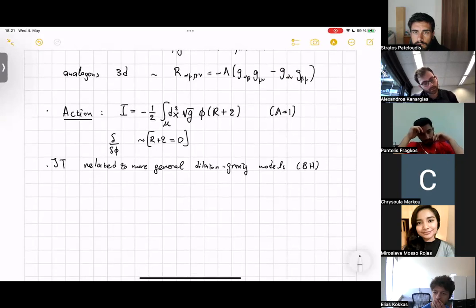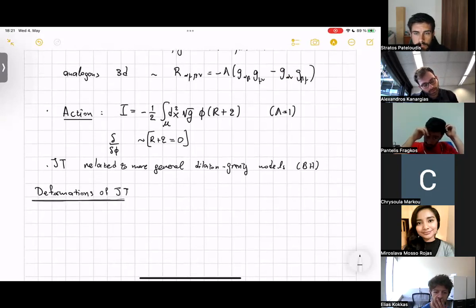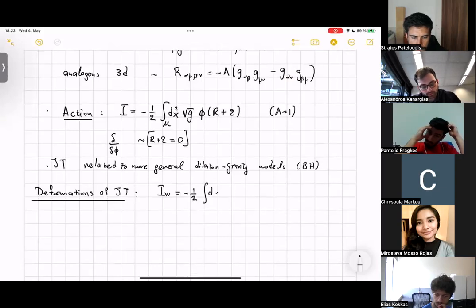And now you might ask, what happens if we change this a little bit? So you could look at deformations of JT, and I would like to come to this also later. By deformations of JT, we mean adding some extra terms to this action.